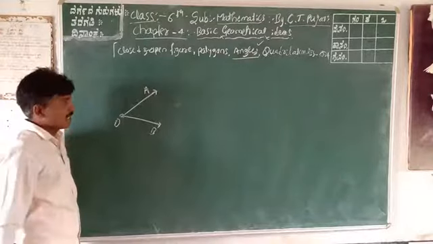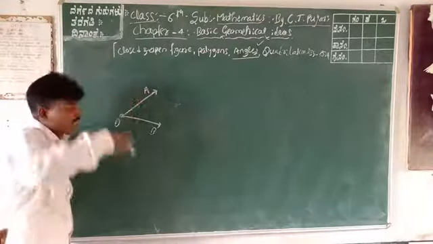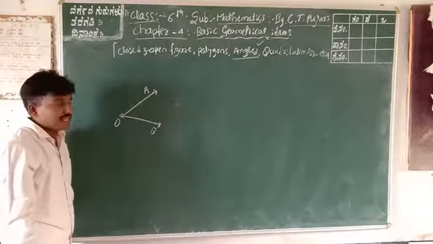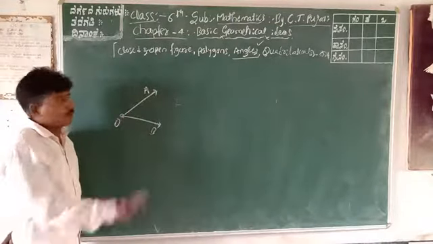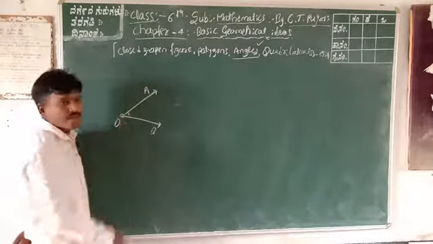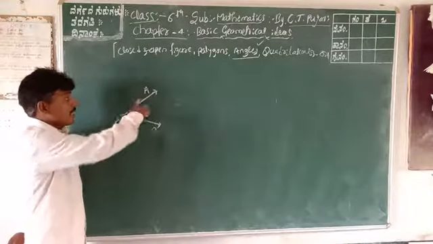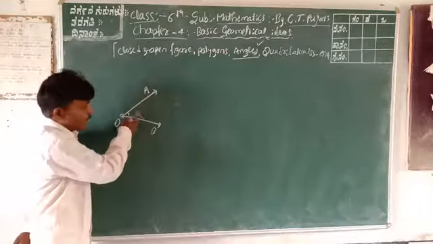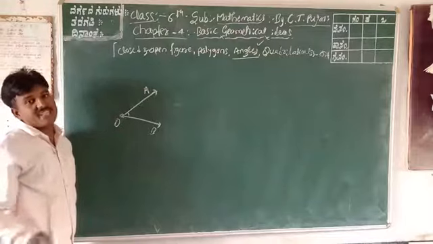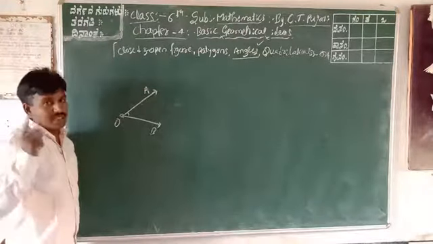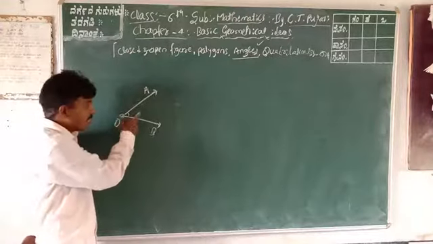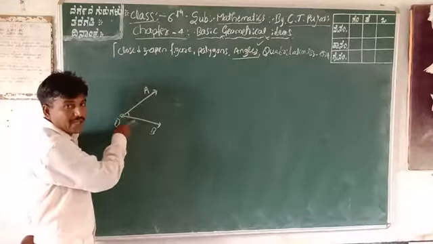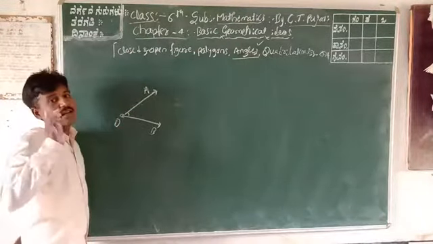But the two rays meet at point O, or otherwise, two rays grow from O. And also, the area in between these two rays is called the angle. The definition of angle is: the two rays grow from the point O, and the area in between the two rays is called the angle.